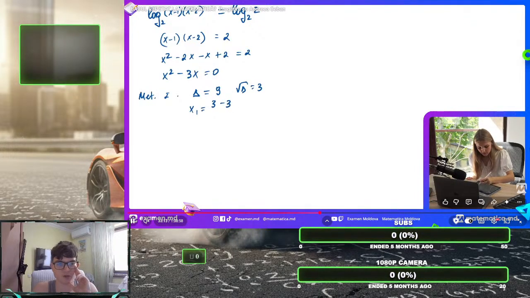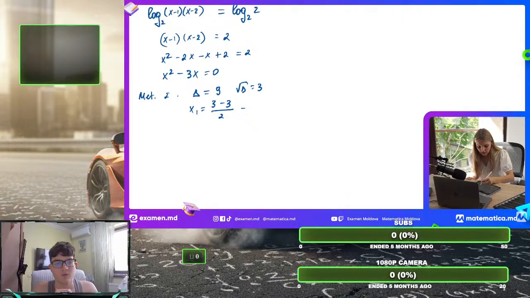So actually you could also solve with delta. I guess this is the method. You just say that c is 0, so you're going to have 9 minus 4ac. So why is the delta 9?